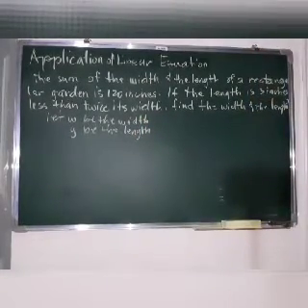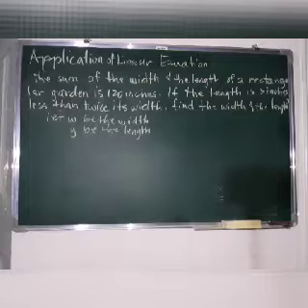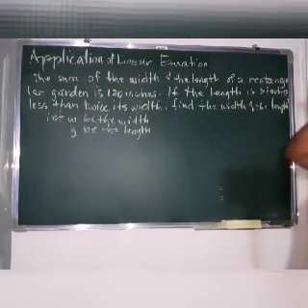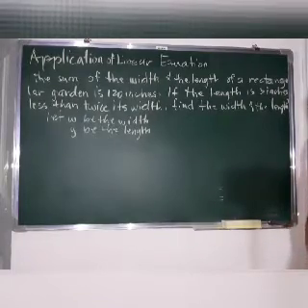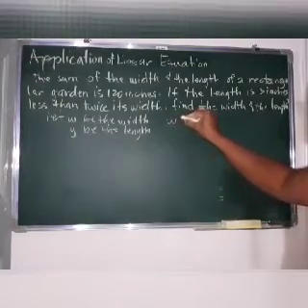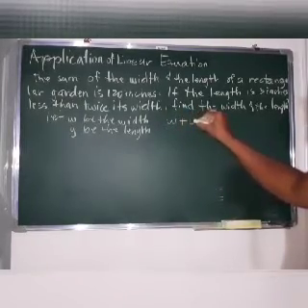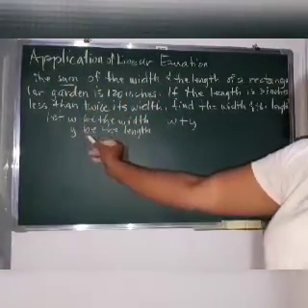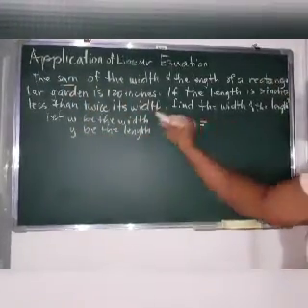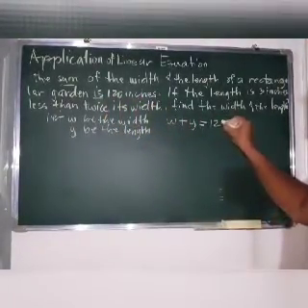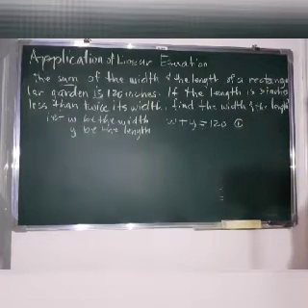Next, let's form the equations. The sum of the width and the length of a rectangular garden is 120. So equation number 1: W plus Y, the sum of the width and the length, is equal to 120 inches. How about equation 2?